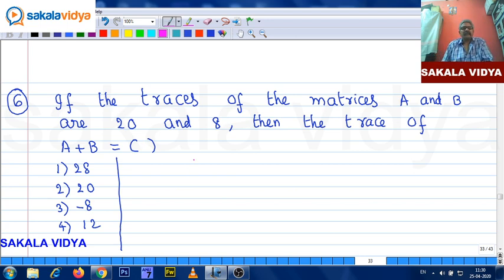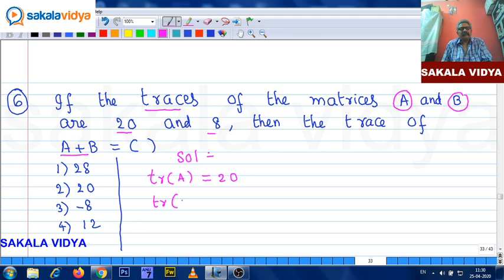See, the traces of the matrices A and B are given as 20 and 8, and trace of A plus B needs to be evaluated. Solution: trace of A is 20, trace of B is 8.